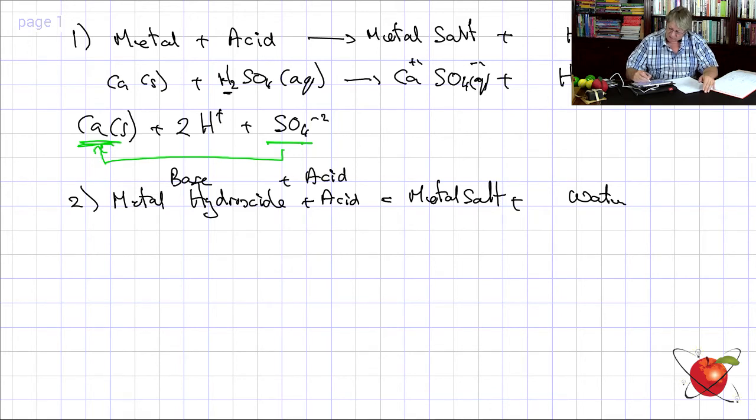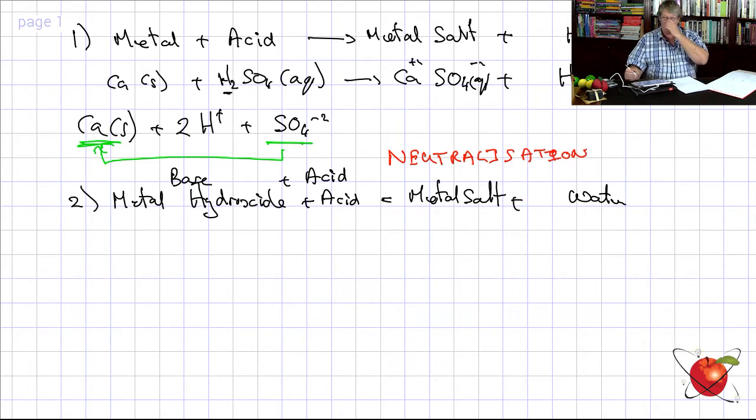This is a special type of reaction. It's actually called a neutralization. The acid neutralizes the base. That's what happens when you've got acidity in the stomach.